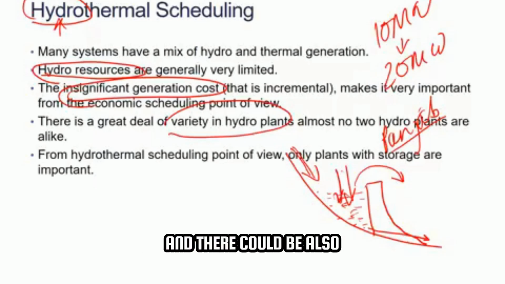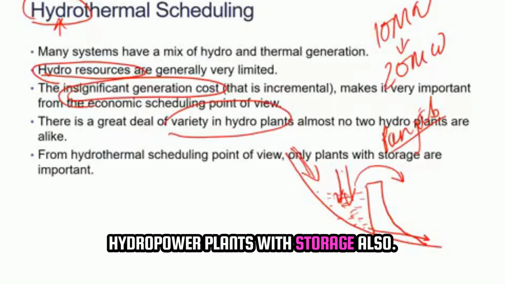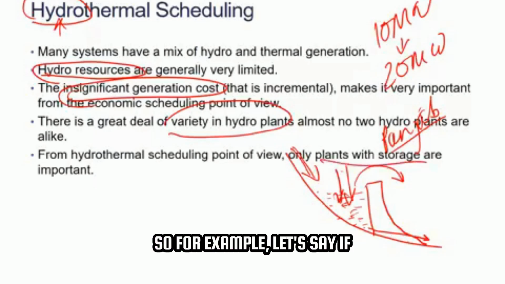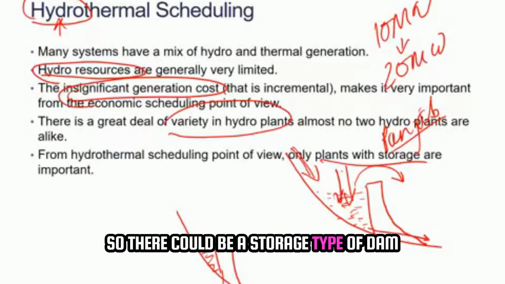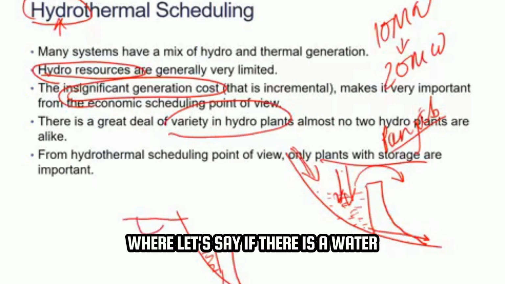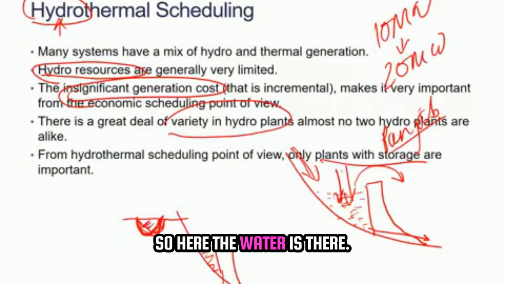And there could also be hydropower plants with storage. For example, let's say you have this type of dam. There could be a storage type of dam where, let's say, there is a water pond here, or you can create a pond here. So here the water is there.